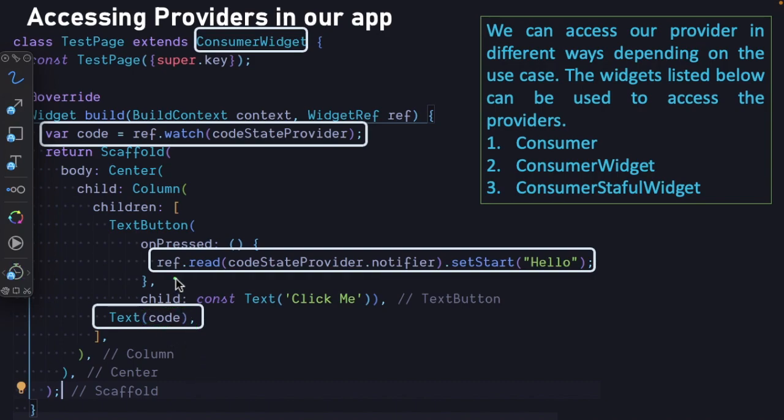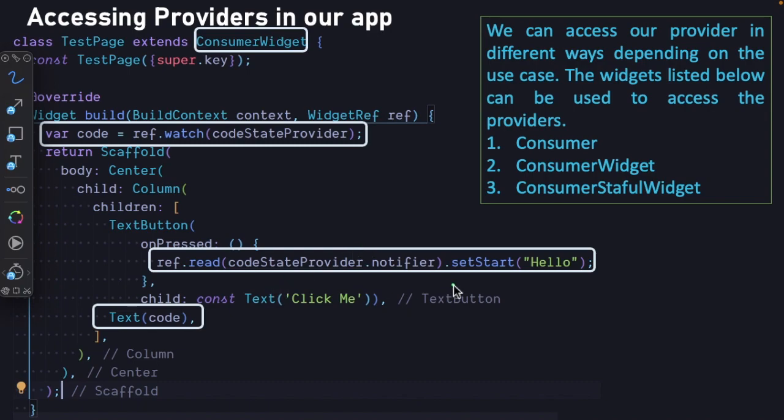And to make changes, to access methods that we put in our provider class, we have to include this dot notifier. Without this dot notifier, we cannot access the methods which are included in our provider class.